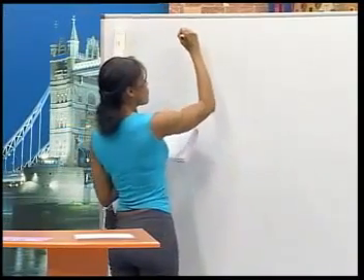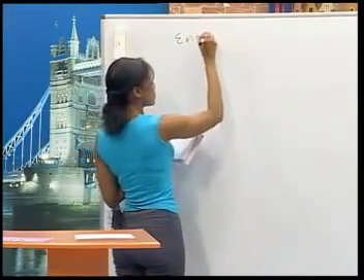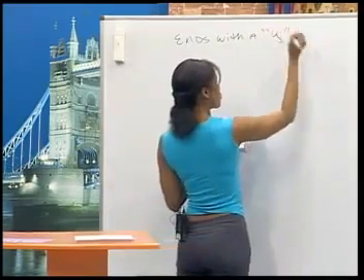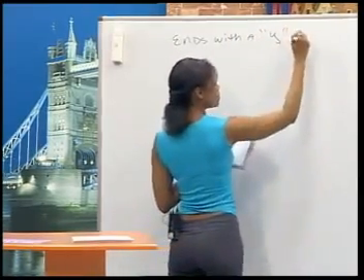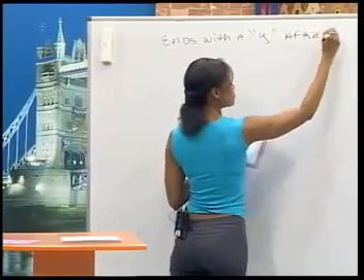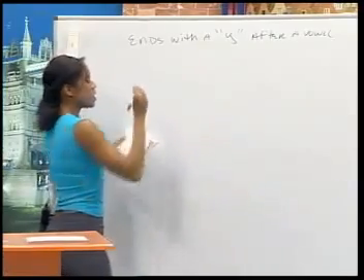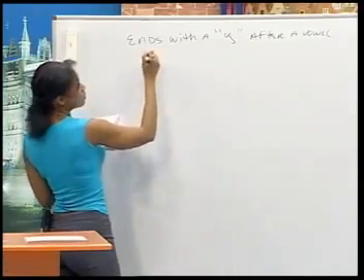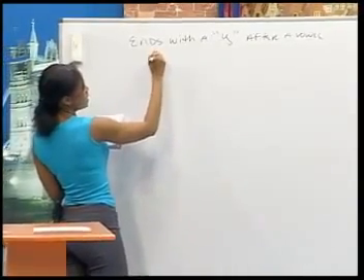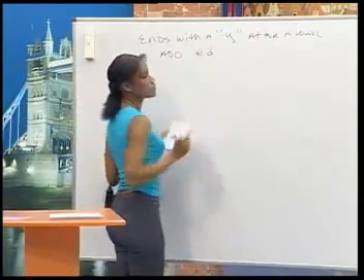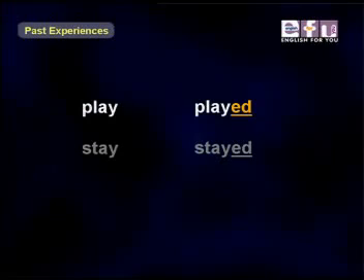Okay, more irregular spellings. When a word ends with a Y after a vowel, okay, we don't change anything. We just add ed for the past tense.